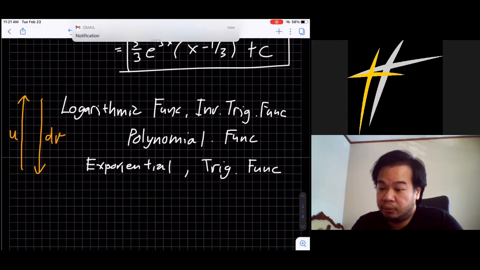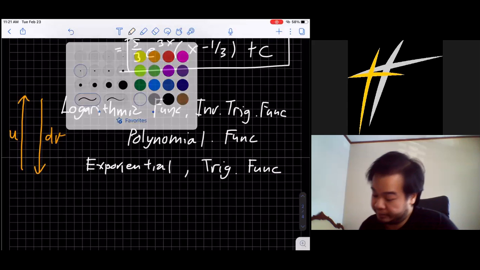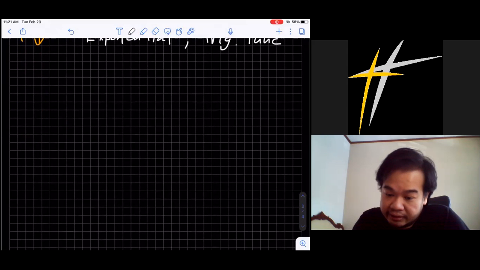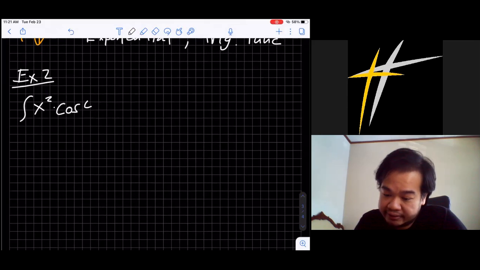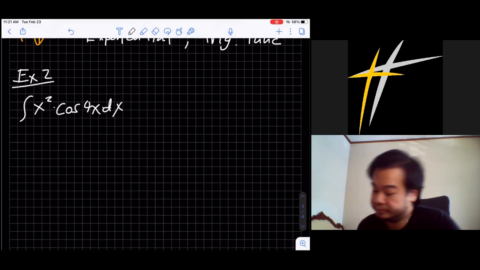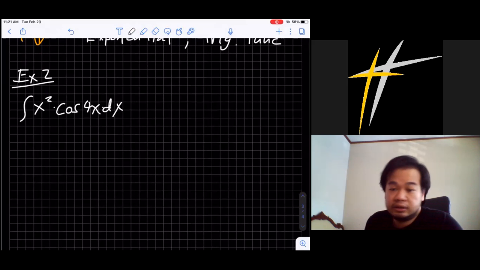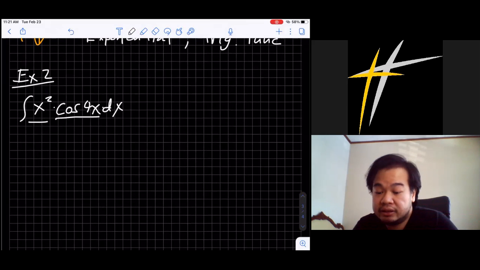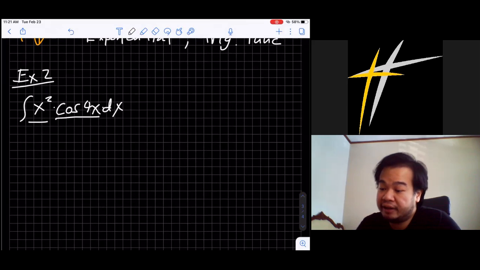And let's see the second example. Example 2 is the integral of x squared cosine 4x dx. So the first function is polynomial x squared, and the second function is a trigonometric function.